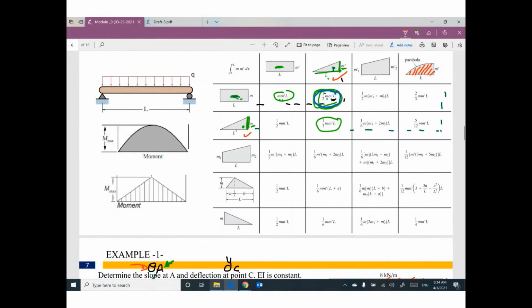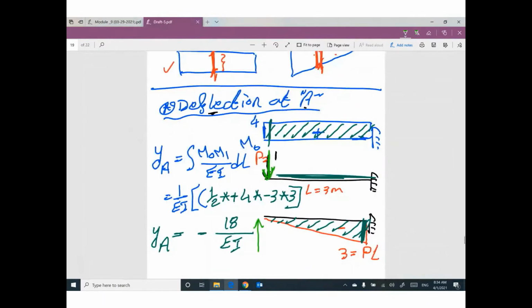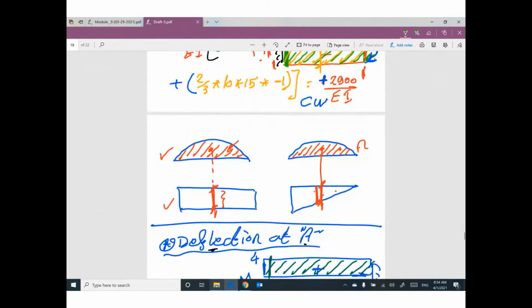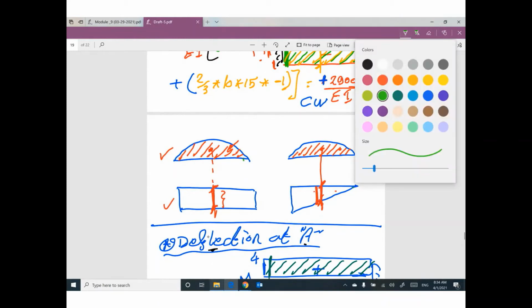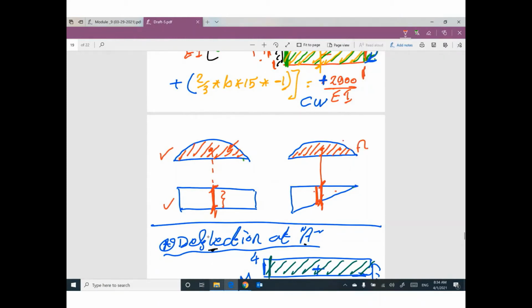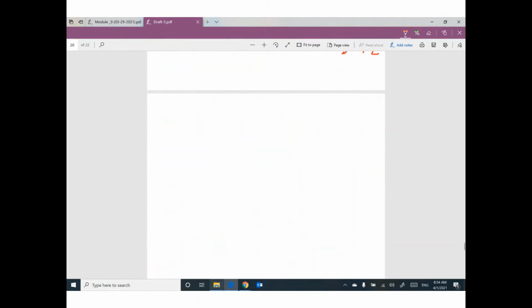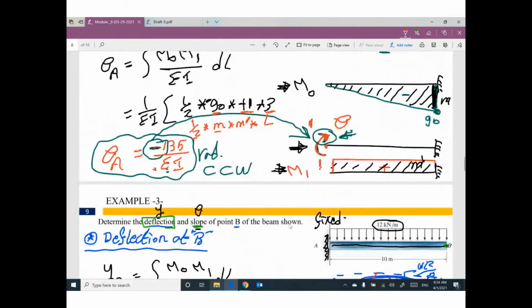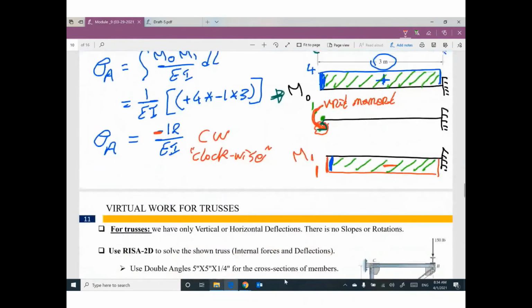The only case which is not included in this table is a complete parabola with triangle or with rectangle, which will be very easy. Just get the area of the parabola, multiply this area by the corresponding value at the centroid, and you can get the integration. Guys, do you have any questions so far?